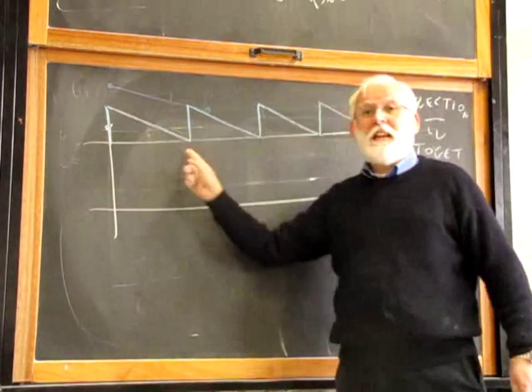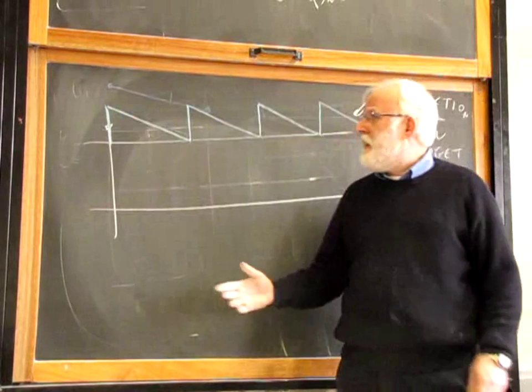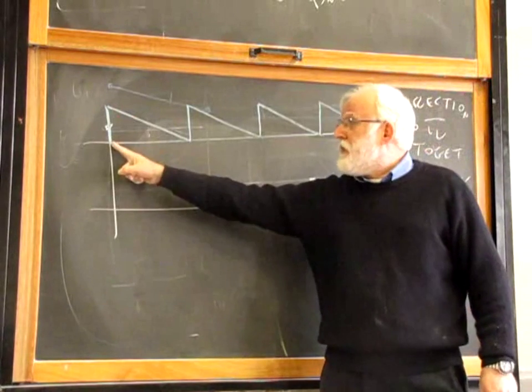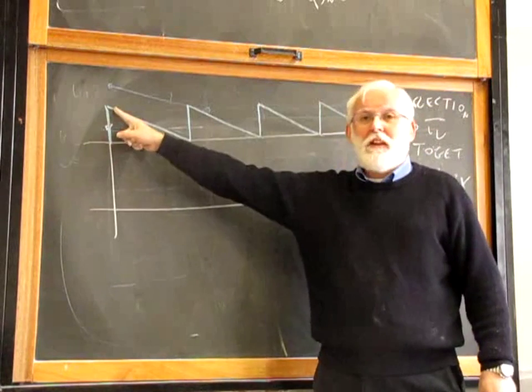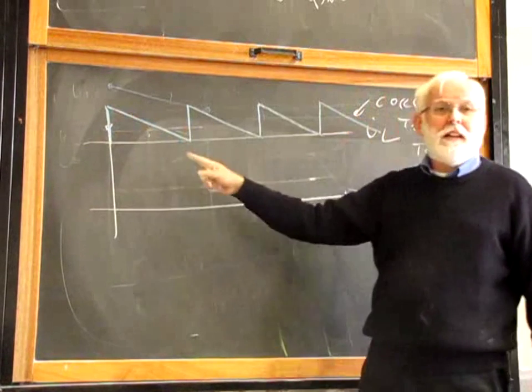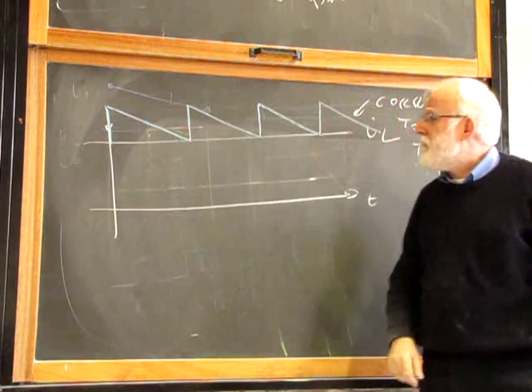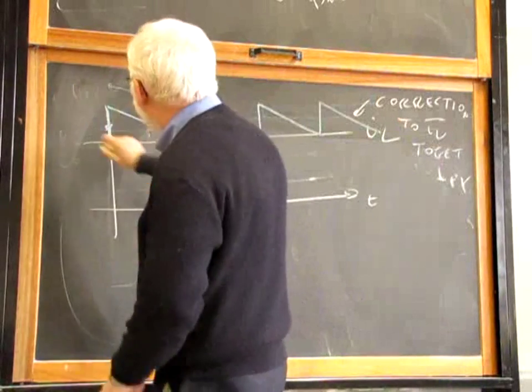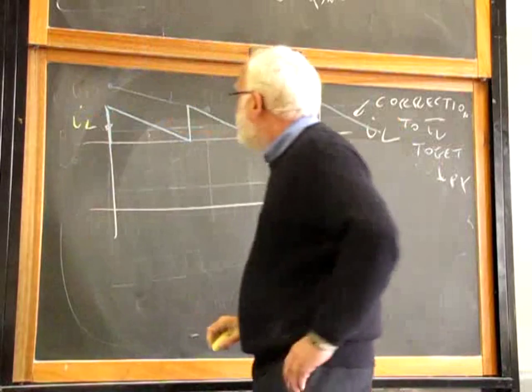Why does this correction change? Because we don't know how the cycle will end. We don't know how long the duty cycle is. If we know that the duty cycle is short, we need a large correction. If the duty cycle is long, we need a small correction, as we found earlier. And IL, in this condition, equals something like this.